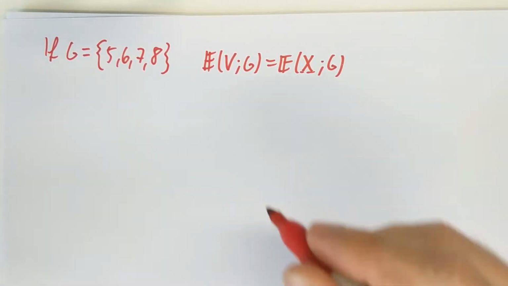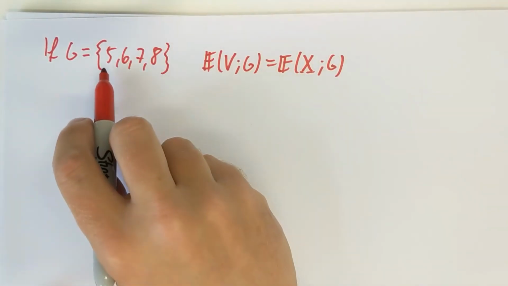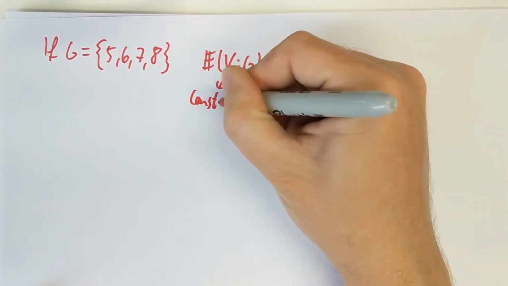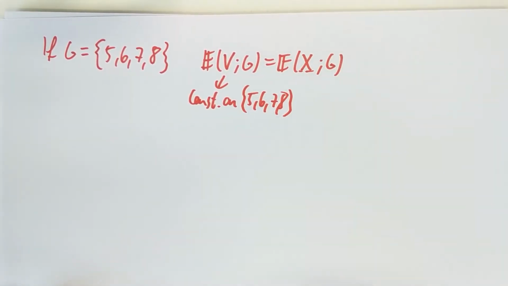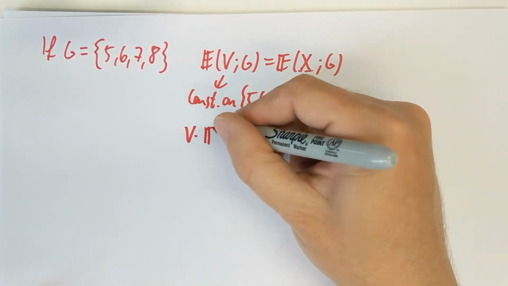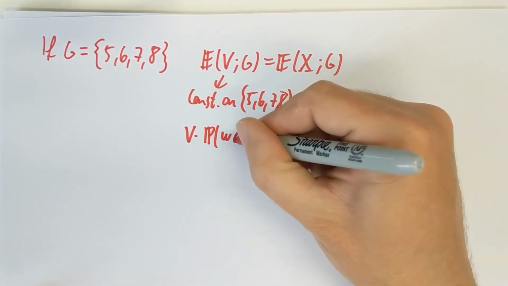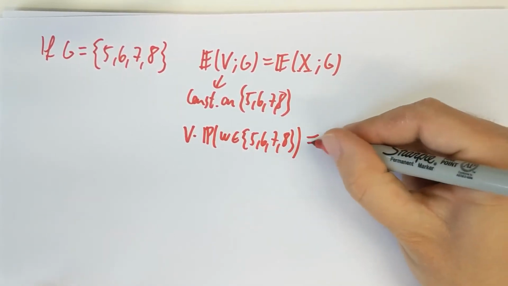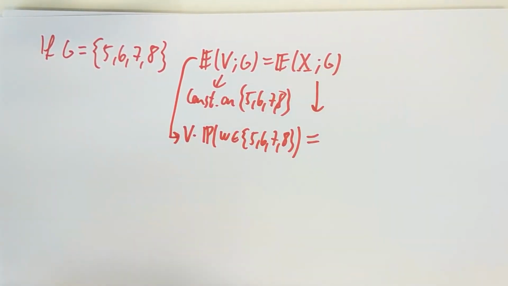On the left hand side, V is a constant again, because V is not allowed to change within 5, 6, 7, 8. It's not allowed to change there. So if I multiply this constant with the rest of the expectation, which is just the expectation of the indicator, in other words, the probability that omega is in 5, 6, 7, 8, that's my left hand side. My right hand side has to be equal to the expectation of x on G.